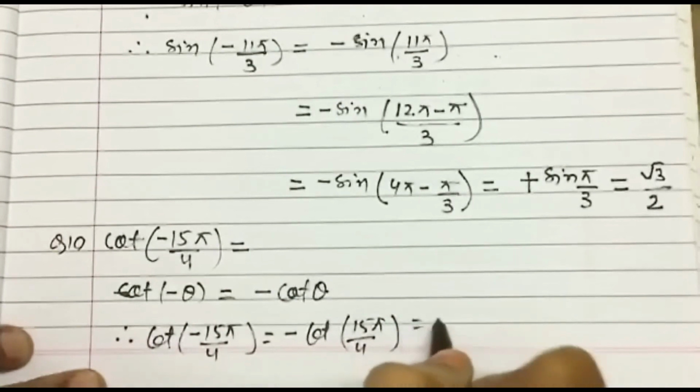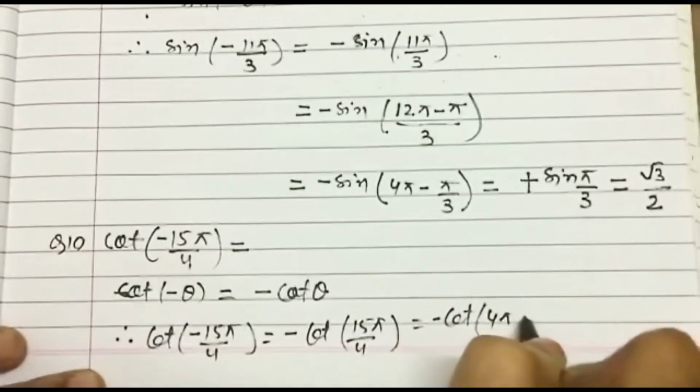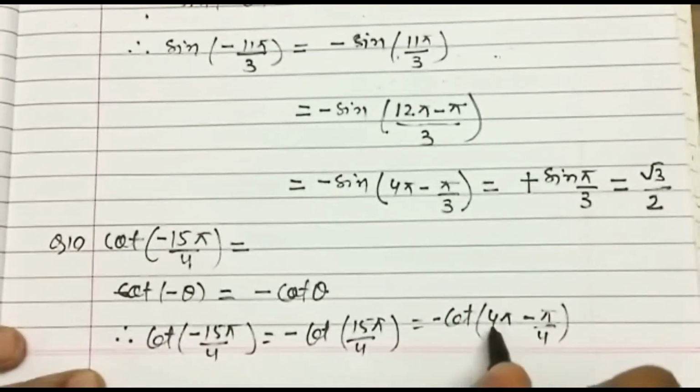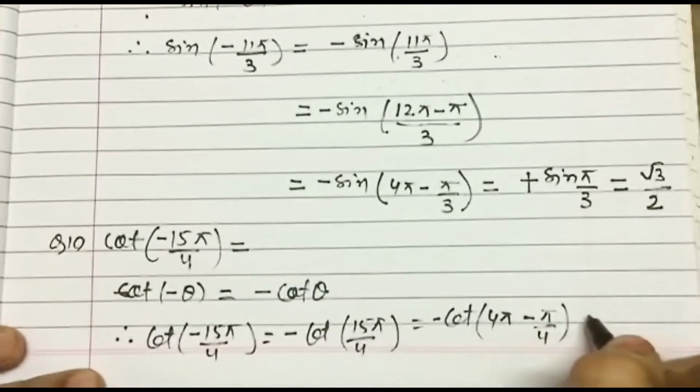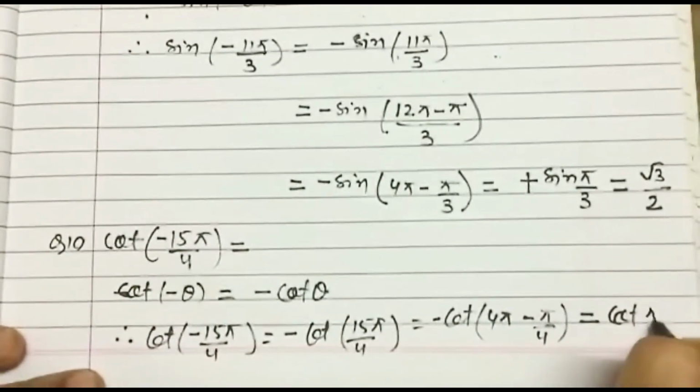Now convert into an acute angle. You can write 4 pi minus pi by 4. When you take the LCM, it is 16 pi minus pi, which becomes 15 pi by 4. Again it is in the fourth quadrant, and cot is negative in the fourth quadrant, so minus minus becomes plus. So only write cot pi by 4, and the value of cot pi by 4 is 1. So the answer is 1.